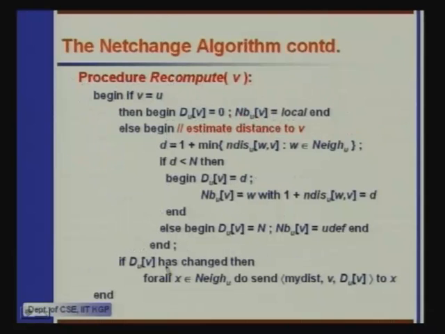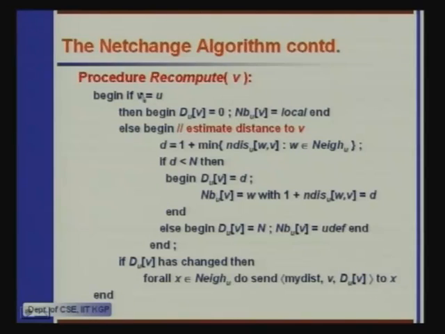Now, let us look at this procedure recompute V, which we will use from time to time. We will see where we use it. The motivation of doing recompute V is to see whether my distance to V has changed or not. So, recompute V will be executed by u to test whether u's distance to V has changed or not.